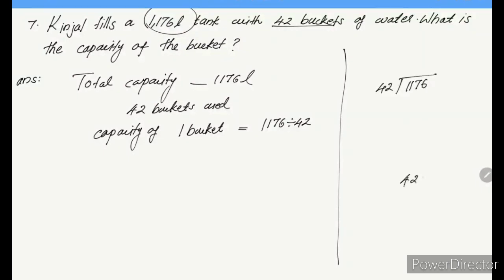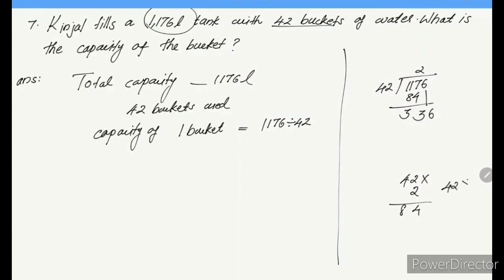And 42 into which number? We can go for 2. And 2 into 2, 4. 4 into 2, 8. And 84. While subtracting, we will get 7 minus 4, 3. And here 11 minus 8, 3. And next 6 we can write. Here 336.